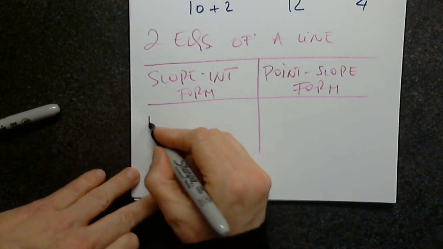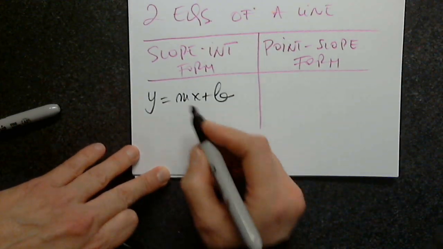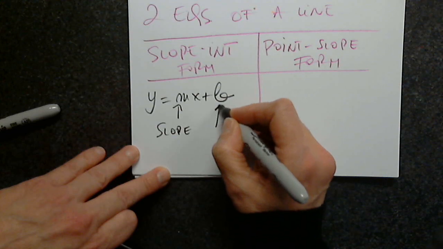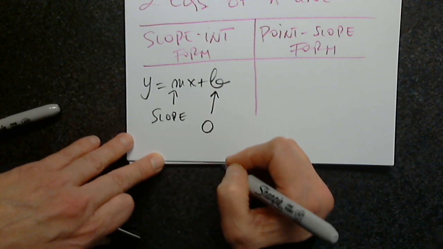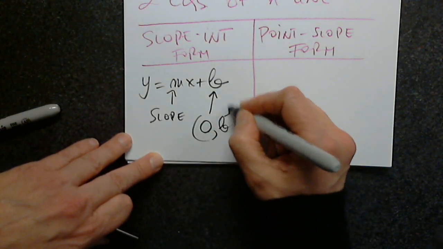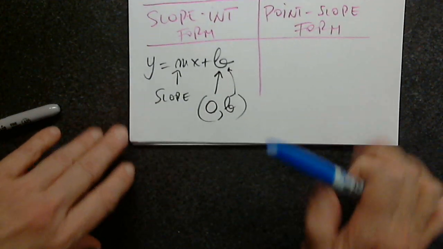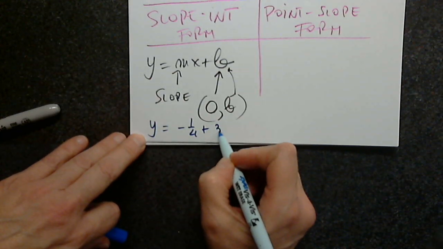So this one is y equals mx plus b, where m is the slope. And this number basically comes from the y-intercept, which always has 0 as x, and some number. And this number is the b value. So let's look at an example right here. Let's say y equals negative 1/4 x plus 3.